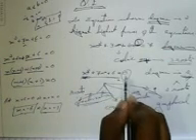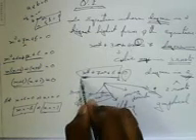Let x plus 6 be 0 or x plus 1 be equal to 0. In that case, x equals minus 6 or x equals minus 1. These are the two values which will give you 0 as the answer. So these two are known as roots of the equation. This we have solved using the factorization method.